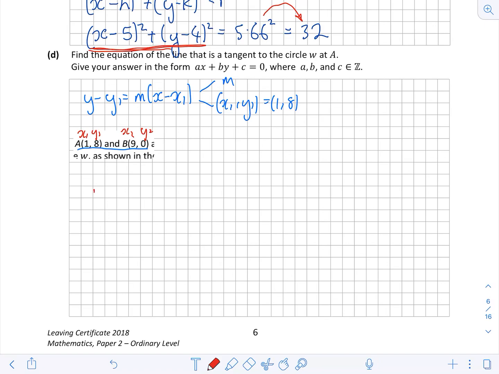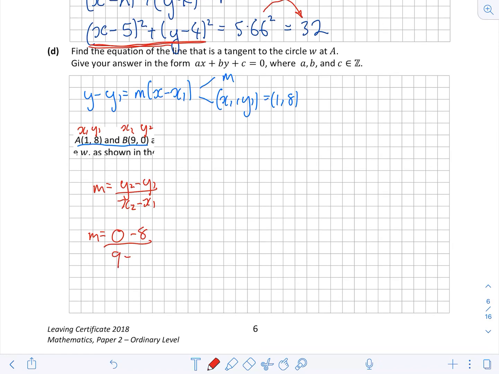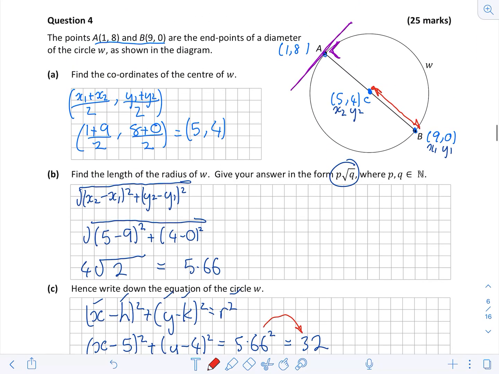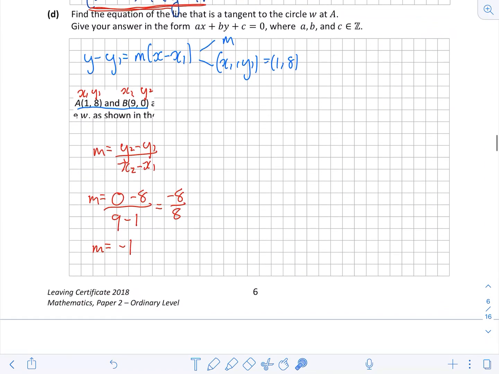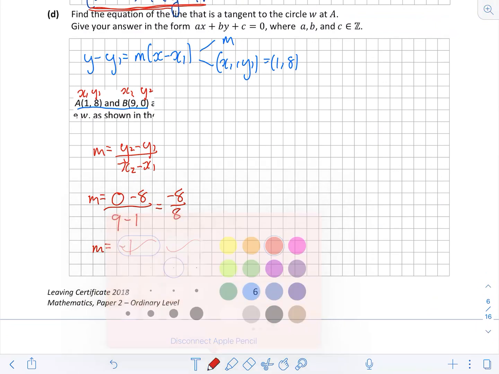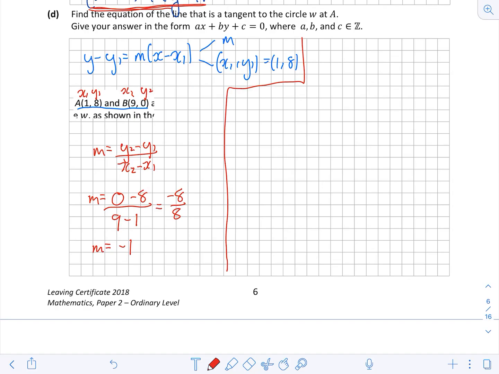So m is equal to (y2 minus y1) over (x2 minus x1), so m is equal to (0 minus 8) all over (9 minus 1). So it looks like it's going to be minus 8 over 8, so m is equal to minus 1. That minus indicates that as we go from left to right we're going downhill, and we are. So everything seems tickety-boo there. Let's park that to one side. I can now say m is equal to minus 1.